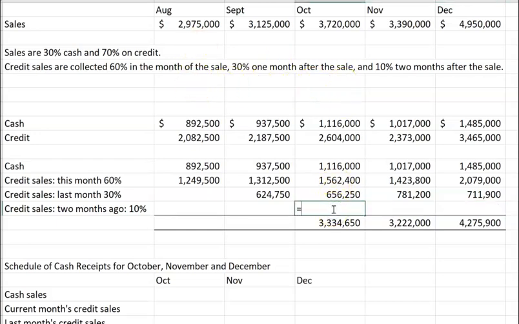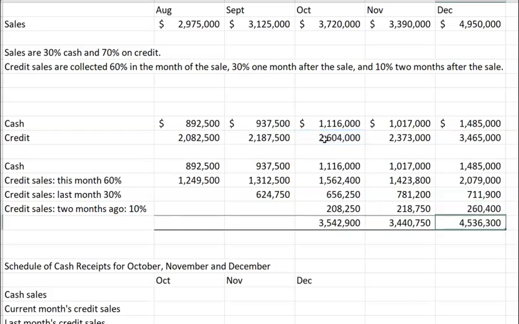So in October, we're going to collect 10% of August sales. In November, we're going to collect 10% of September sales. And then in December, we're going to collect 10% of October's, and again, credit sales.